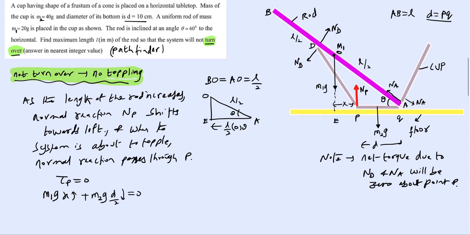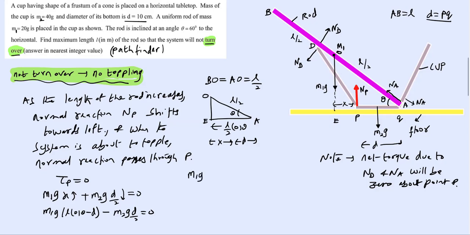Okay, what is X? We can calculate X now. This L by 2 cos theta will be equal to X plus D. So X equals L by 2 cos theta minus D. Minus M2G D by 2. I think we know all the values. L is the unknown.